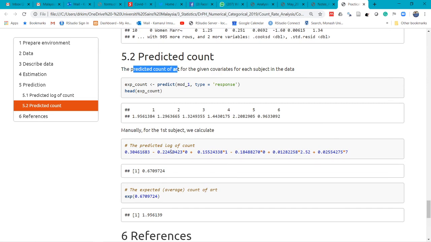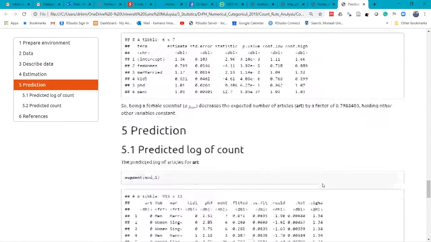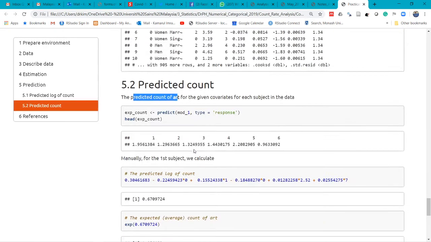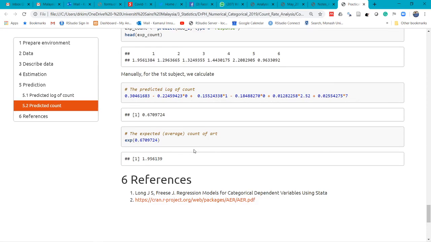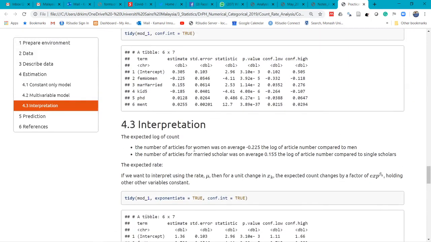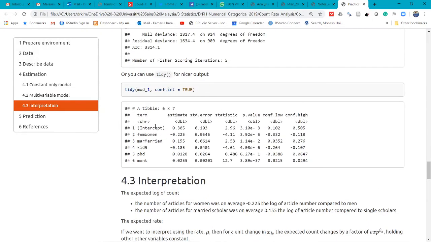So this is beta 0, beta 1, beta 2, beta 3, beta 4, beta 5.